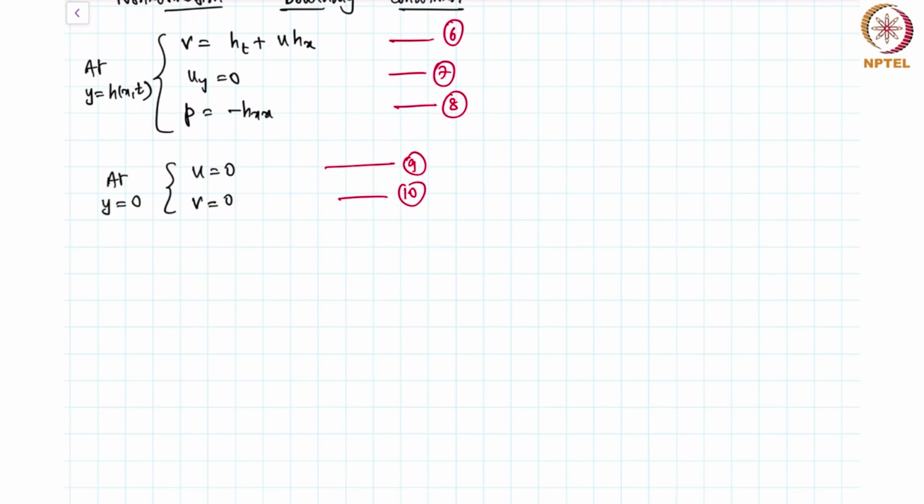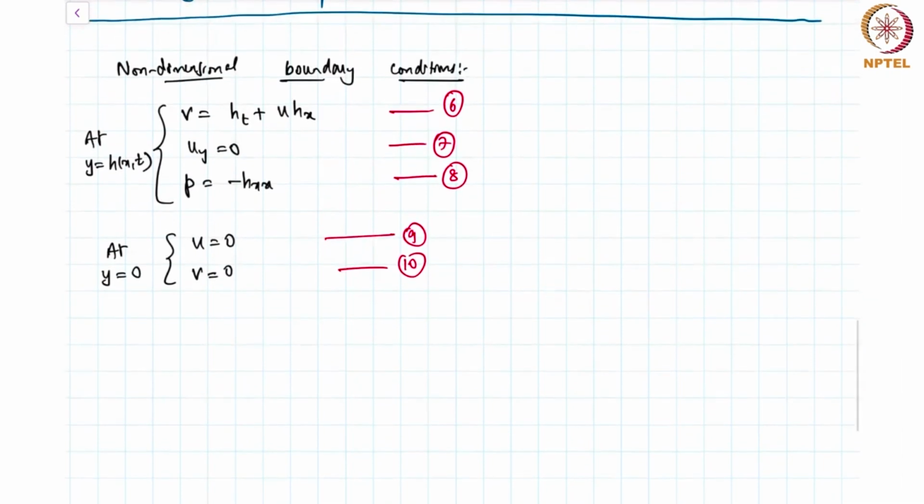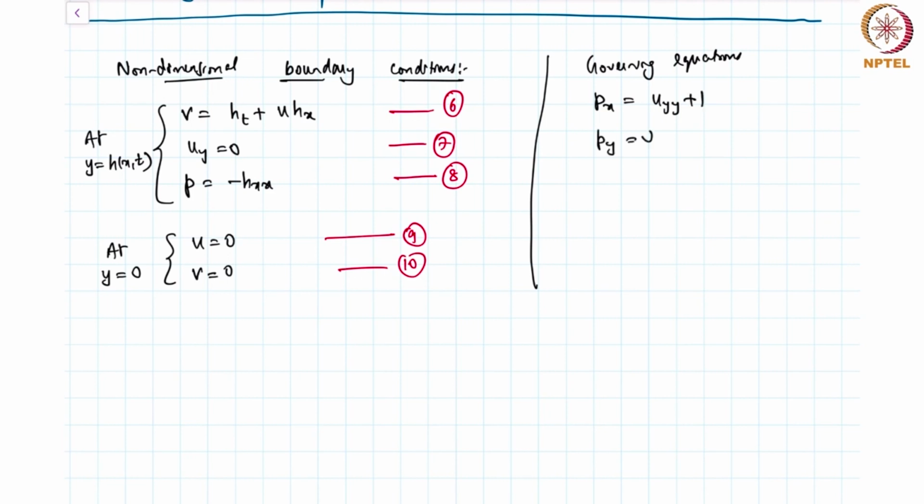So the full set of equations with the boundary conditions, I'll write them in one place. Governing equations would simply be px is equal to uyy plus 1, py is equal to 0, and ux plus vy is equal to 0.